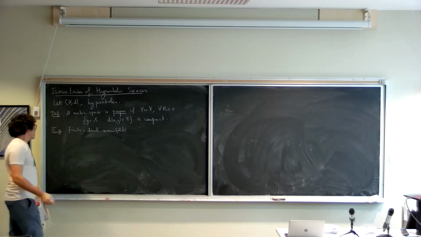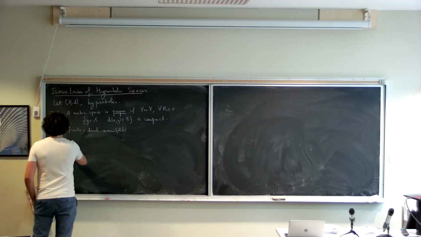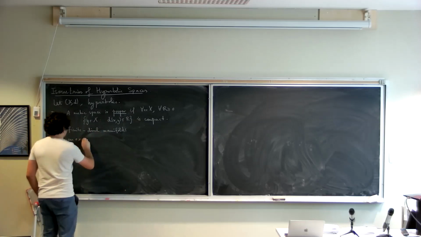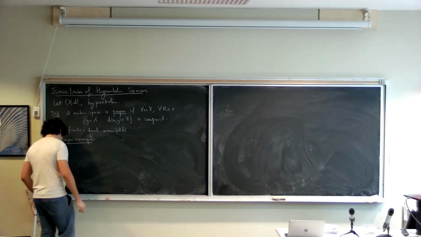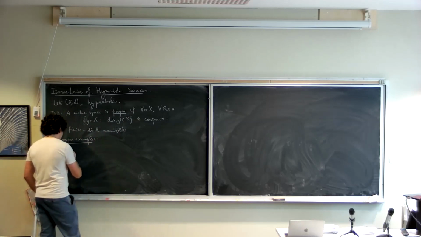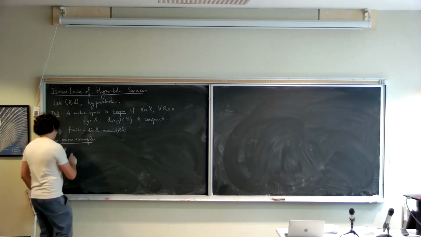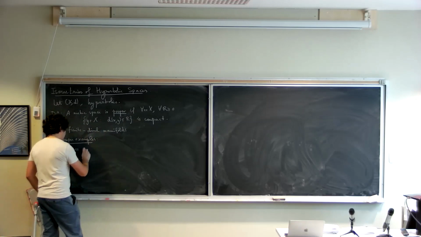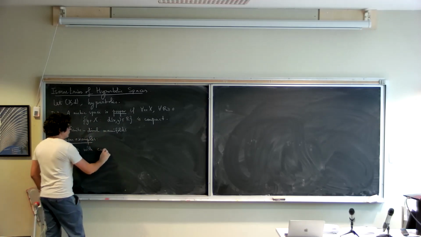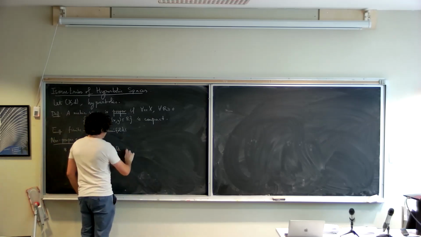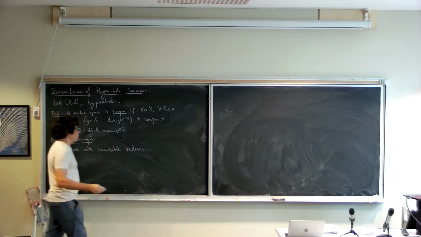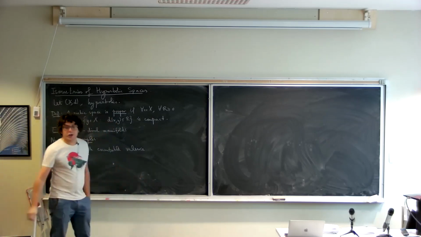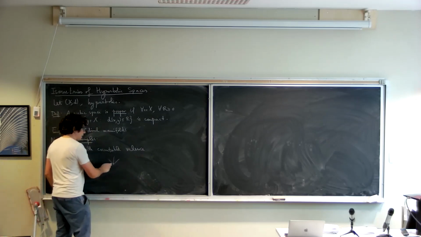But then there's also interesting non-proper spaces. For example, for instance, you would have a tree with countable valence, meaning that at every node of the tree, there are countably many edges coming out of it.